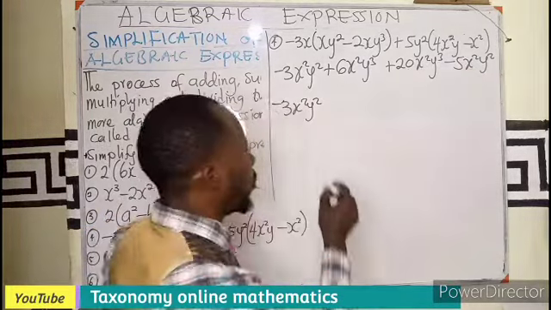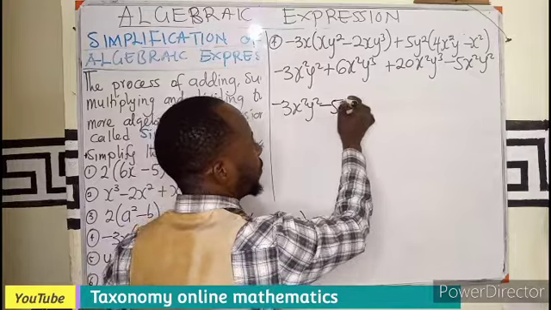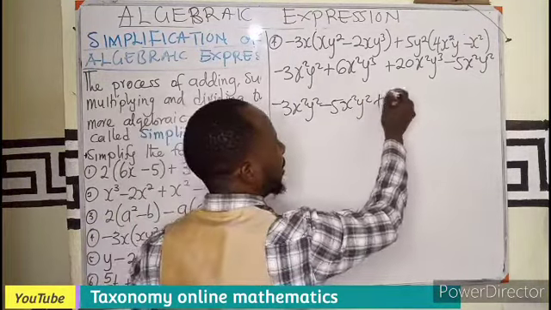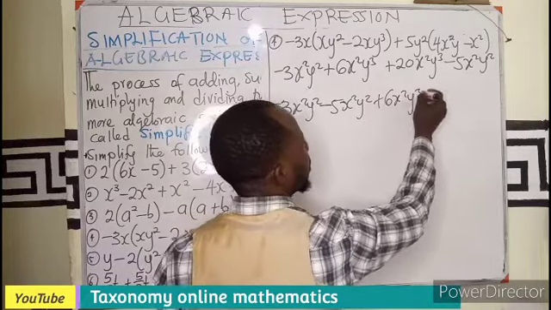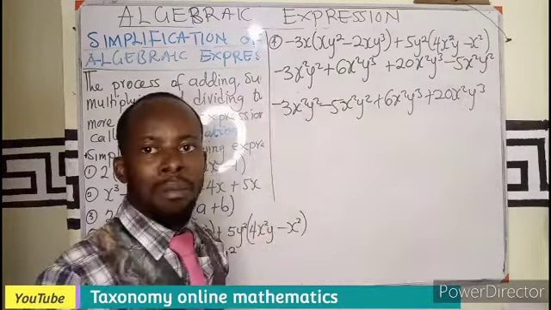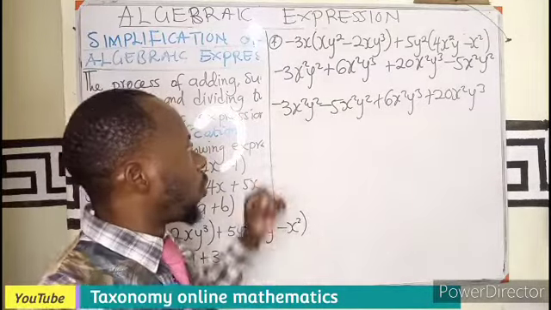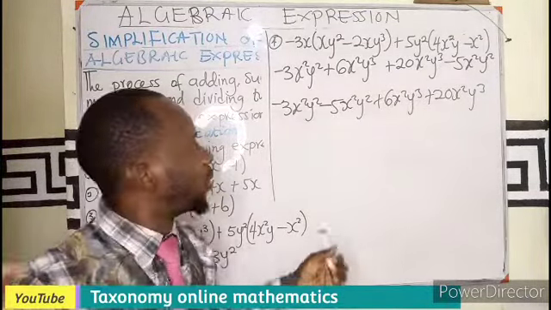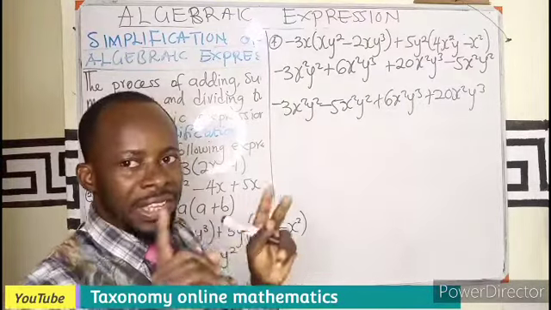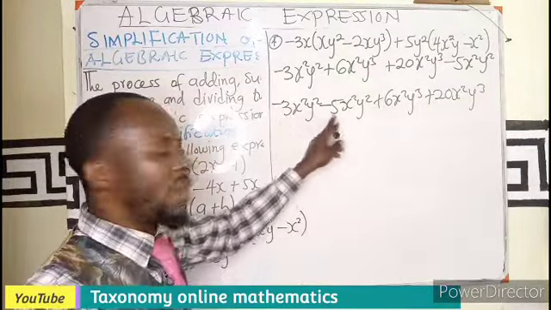Bringing this with each operator, minus 5x squared, y squared, then 6, combining them together. So we are saying that these are all like terms. x squared, y squared is the variable part, so we ignore it since they are the same. We only take the coefficient.